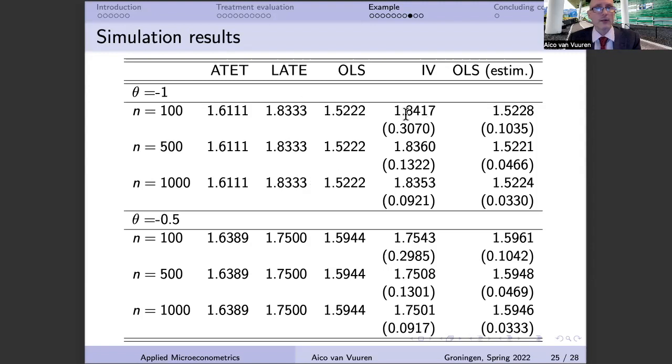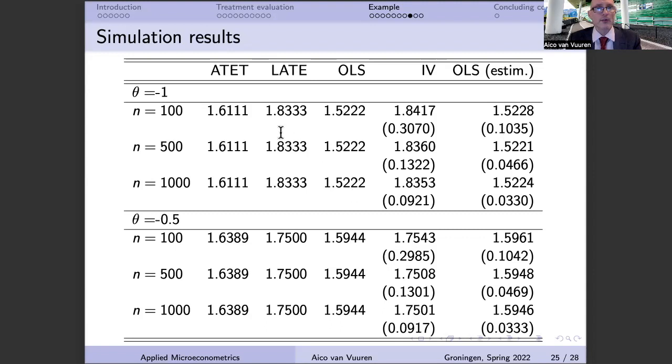But it is not completely unbiased, because here we do see some small bias. With respect to ordinary least squares, it gives us the expected value of ordinary least squares, which should of course be the case. Another thing we immediately see is that IV generally has a higher standard error than ordinary least squares, as it should be.